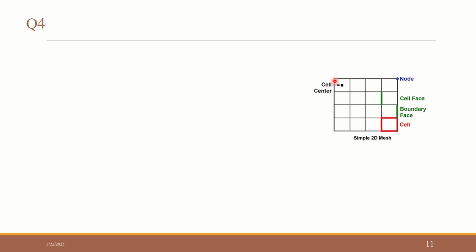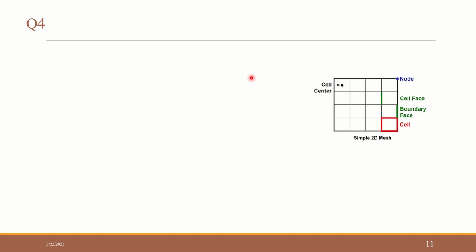The corner points, the intersections, we call nodes. Where a face is common between two cells we call it a cell face, and if it is along the boundary we call it a boundary face. One element is a cell, points are nodes, at the center it is the cell center, along the cell it is a cell face, and along the boundary it is a boundary face.